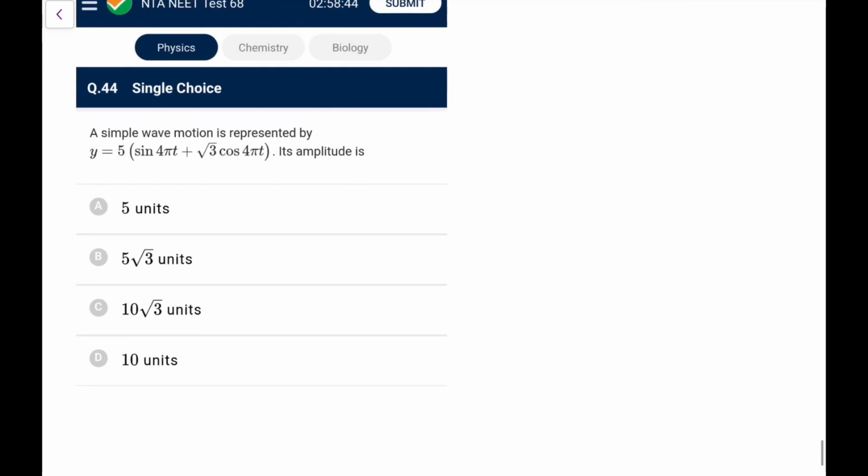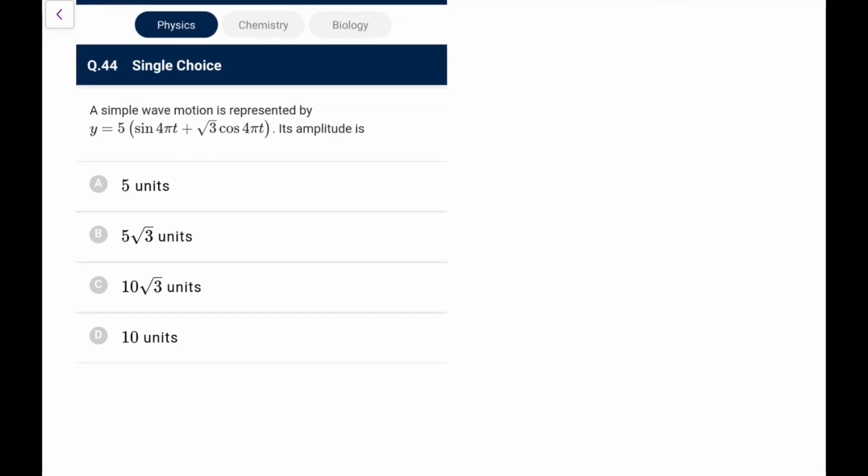Next one, a simple wave motion is described by this equation. You have done this: a sin theta plus b cos theta, so the amplitude, you know, is under root a square plus b square, that is 5 square plus 5 root 3 whole square. That is what you can write. So it's simply 5 common, it would be 5 root of 4, that is 10 units. So amplitude is 10 units.